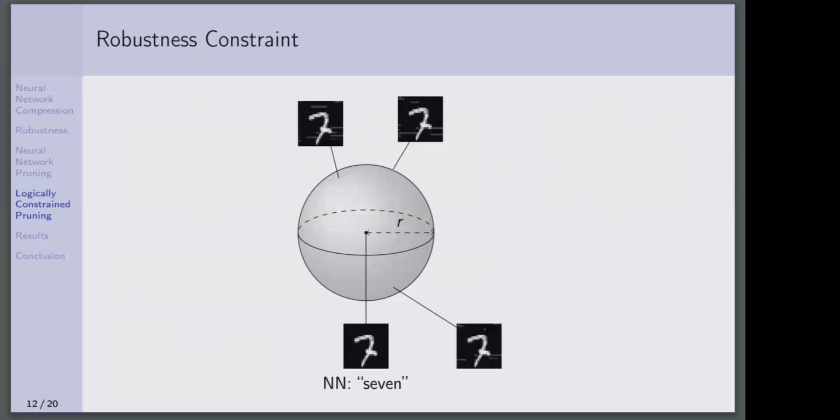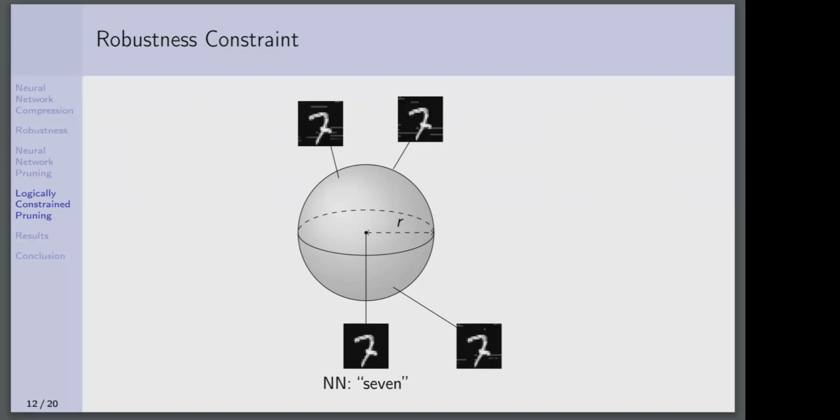Cool. So we now need to pick a constraint to use, and there's some discrepancy on what exactly the definition of robustness is across the literature. We tried a few different definitions, and there's one in particular that worked really well for us. This is where, for one input in the data set, we measure how robust our network is for a ball drawn around this input with radius r.